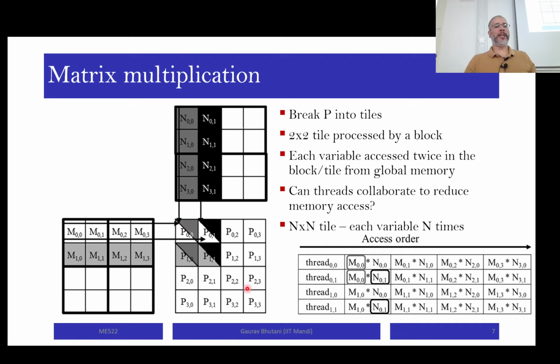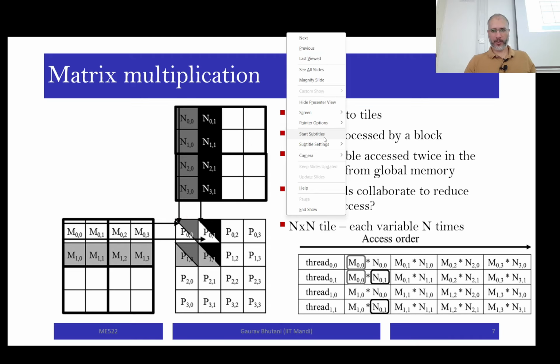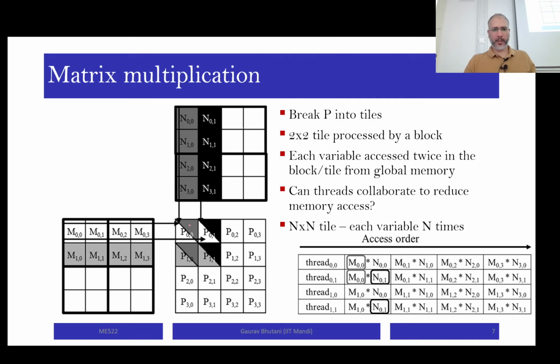If you had a 3 by 3 tile, think about this. Let us see if I can draw this. If your tile was something like this, I am using the mouse pointer, so it is not that neat. You see that you will require M00 3 times, because this row has to be used for each element P00, P01 and P02.